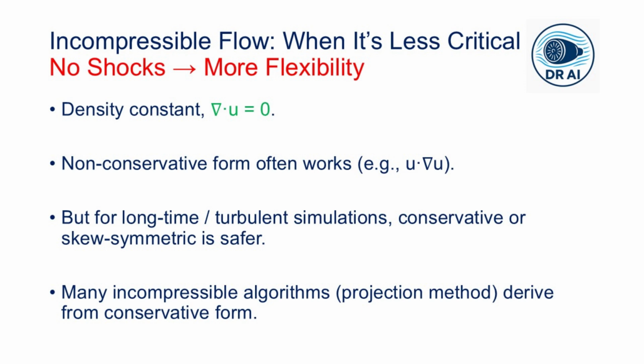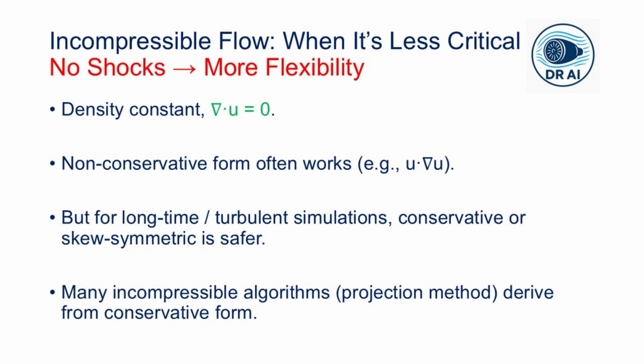So my recommendation is that if you are doing steady, low Reynolds number incompressible flow simulation, the non-conservative form is fine. If you are doing high Reynolds turbulent or very long unsteady simulations, lean toward the conservative form, or at least a skew symmetric form, which we will discuss in a few minutes.